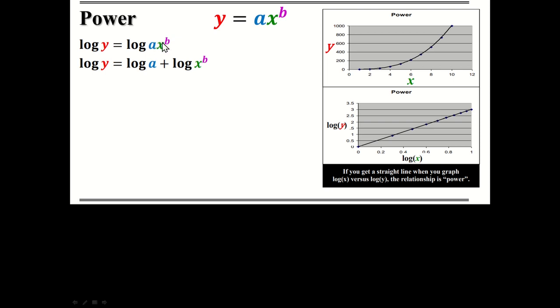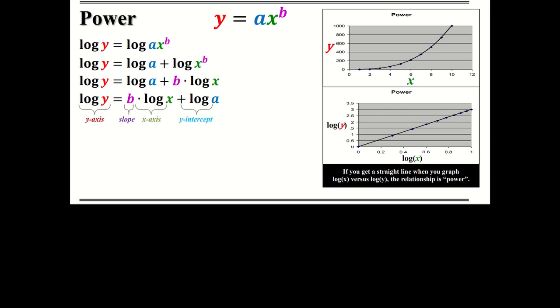The log of one number times another number is the log of one plus the log of the other. This exponent now can be dropped down in front to right here. Addition can be done in any order. We could take this plus this, or we could take that plus that. We just do it in any order.